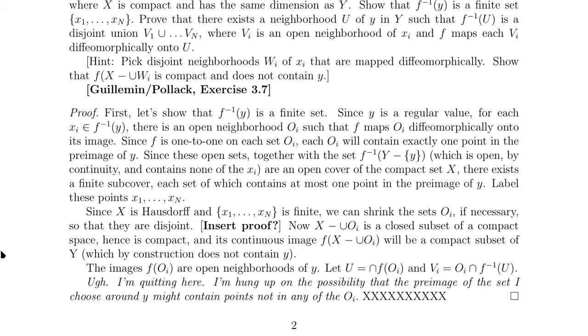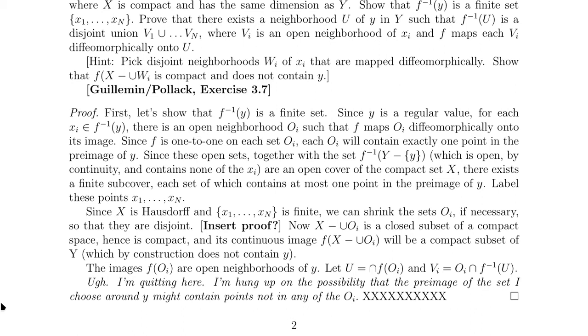Let's try to unpack that. You have these O_i, which are your open sets, and together with the other set, the pre-image of y minus the singleton.